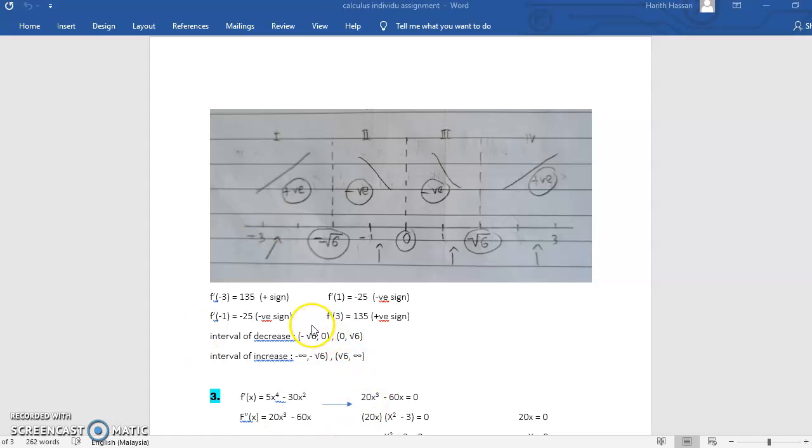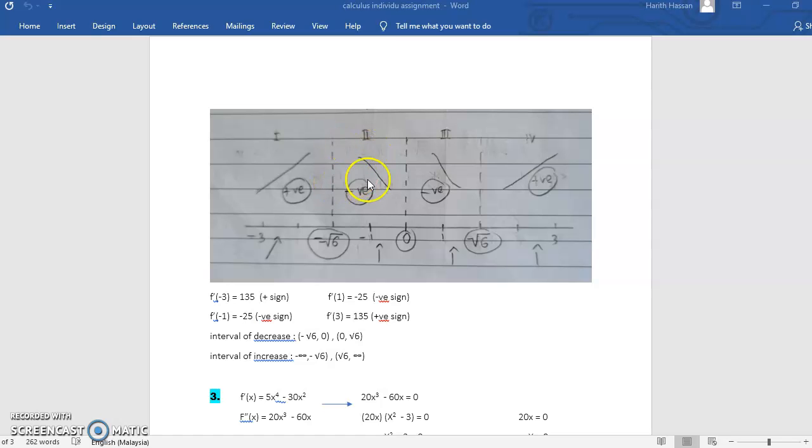Next, when I plug -1 into the same equation, f prime, we will get a negative sign. So with a negative sign, the curve will decrease.